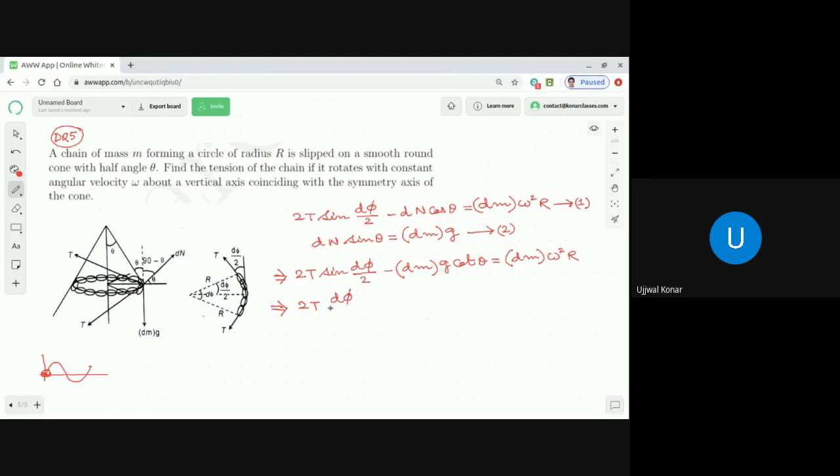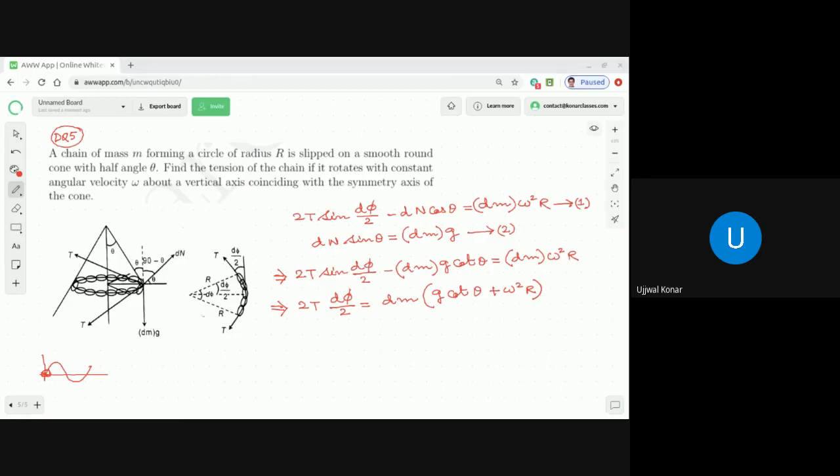2T into d phi by 2, that is equal to dm. We can take common, and what we are going to get is g cot theta plus omega square into r. Sorry, omega square into r.